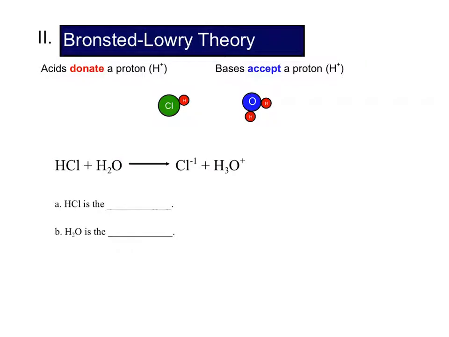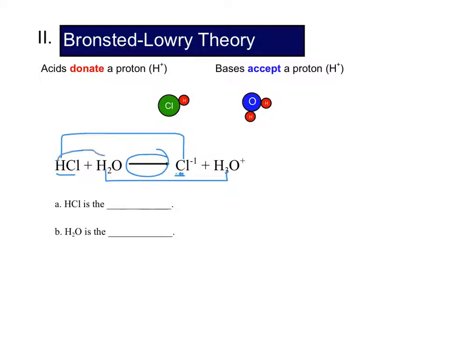Let's look at a chemical reaction and see if we can classify the acid and the base. Here is HCl before the reaction, and I look for its similar thing after the reaction. Here's our arrow for before and after: HCl and Cl minus, and then H2O and H3O plus. I look at what happened before and after. Before the reaction, hydrochloric acid had a hydrogen, and then it's gone.